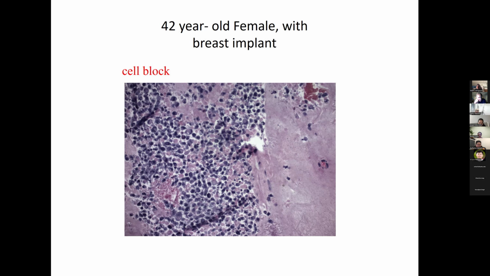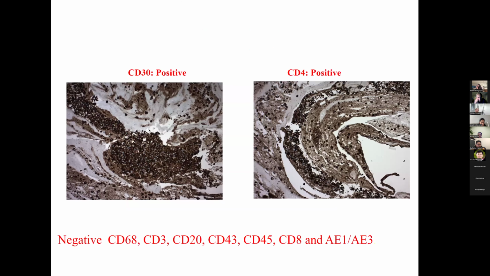Whenever we get implant fluid for cytology, they always ask us to do a CD30, the reason being they want to exclude an implant-associated anaplastic lymphoma of T-cell origin. The CD30 will be strongly positive, CD4 will be positive, and the relevant negative stains are ALK1 and ALK3.